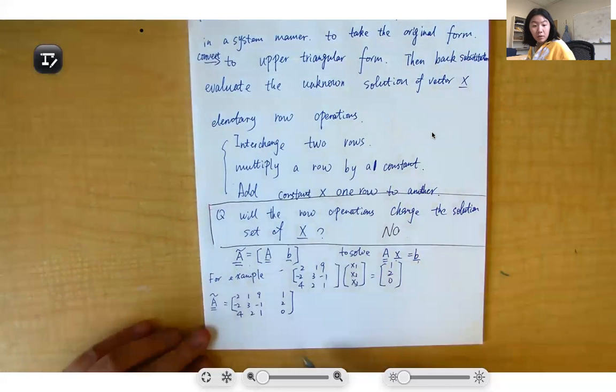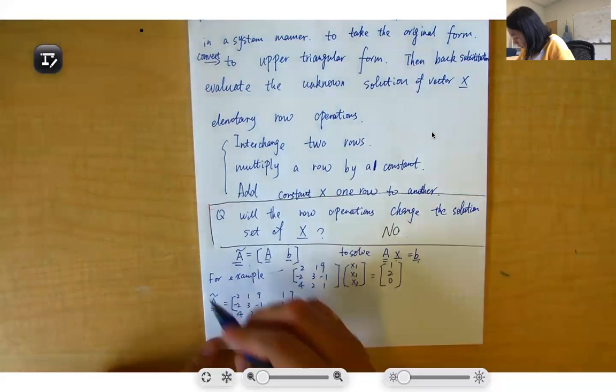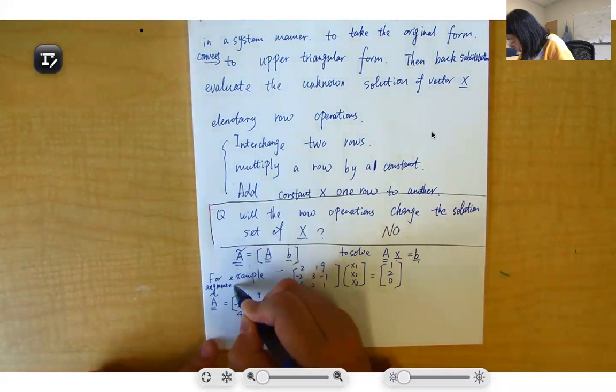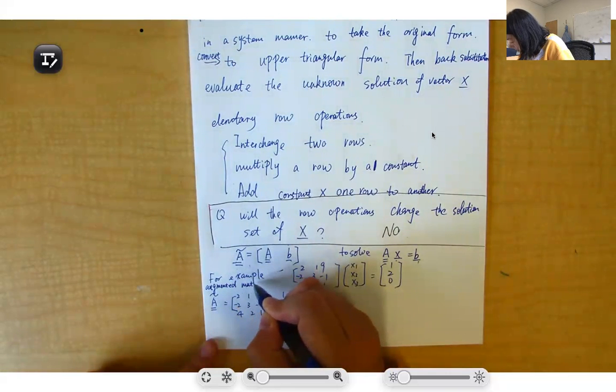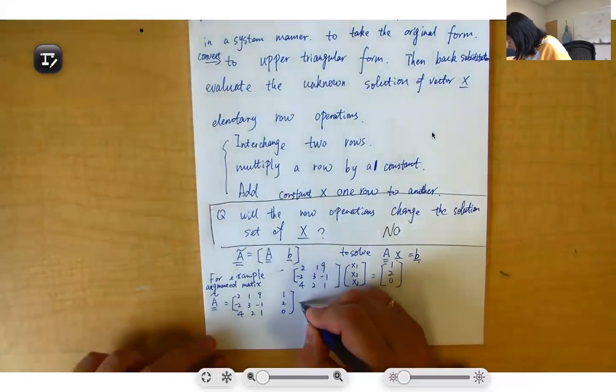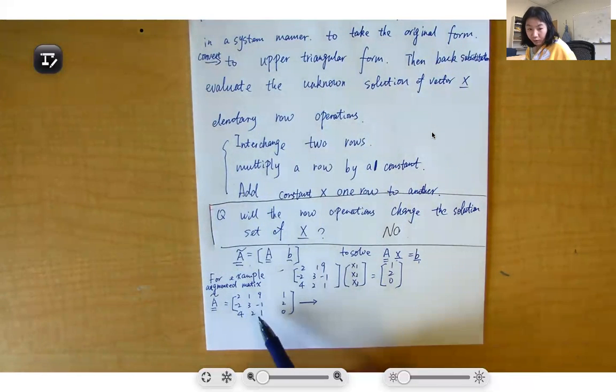This is called the augmented matrix. Then you use row operations to build the upper side with values, and the downside will always equal 0.